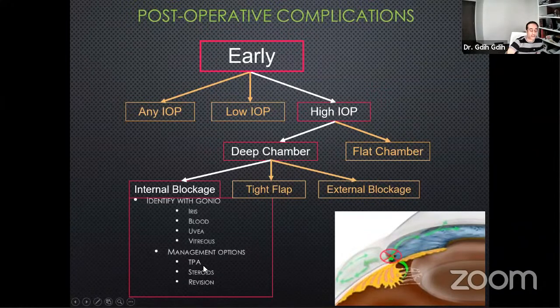Management options: if it is a fibrin or a blood clot, you can use TPA. Intracameral TPA works very well and works even within hours. You see the patient and the pressure will be down and everything looks good. Steroid or revision if it is something, let's say a vitreous that you cannot get rid of, you might have to go in and do anterior vitrectomy.